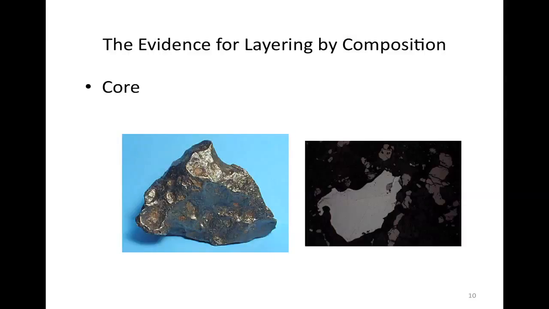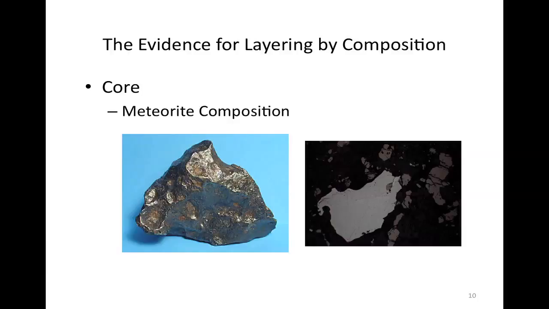And then the layer for composition for the core. Obviously the core is very difficult to get to, and we actually think meteorite compositions really tell us what the core is all about. That's part of the story. Because we have a magnetic field around our planet that's actually quite strong, that's caused by metal that's convecting very rapidly, causing an electric field, which in turn causes a magnetic field.